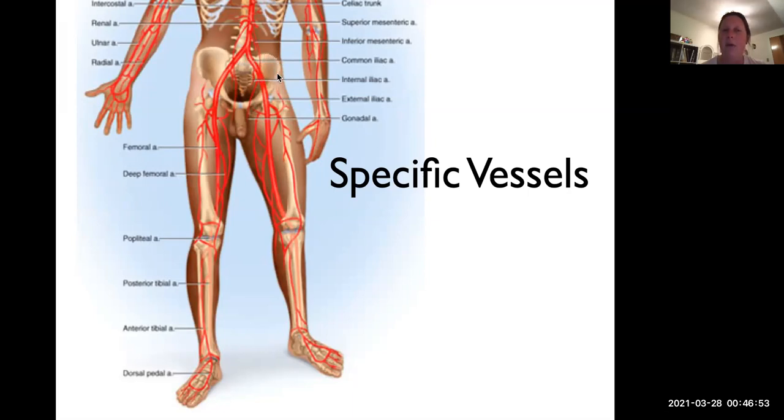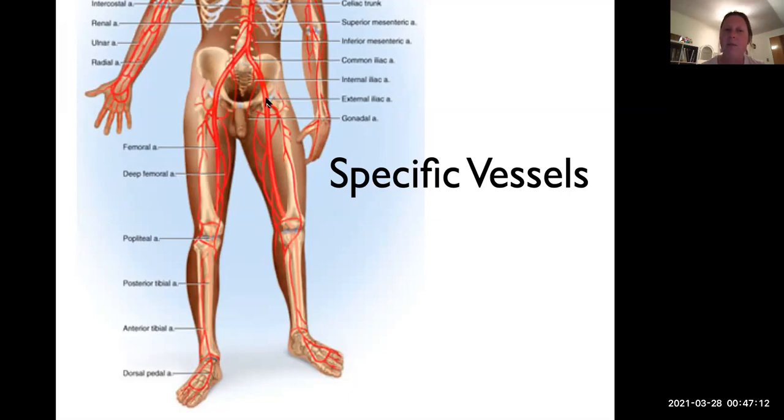You may remember when you were learning the bones in the first semester of A&P, that the names of the hip bones were the ilium, ischium, and pubis. So the iliac artery is passing through the ilium.